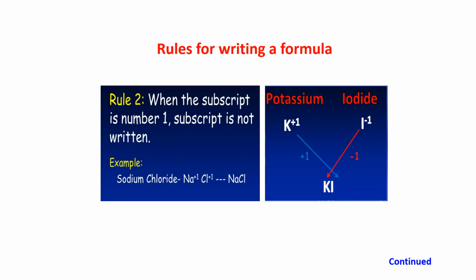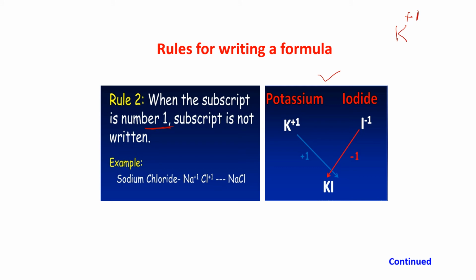Now, when the subscript is 1, subscript is not written. Suppose both the atoms are having valency 1. Like here, it is shown here, potassium iodide. The symbol of potassium is K with the valency +1.